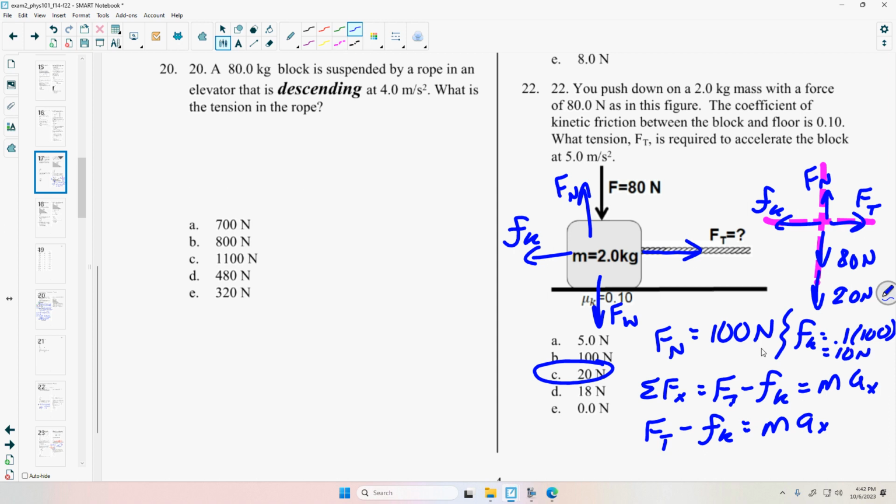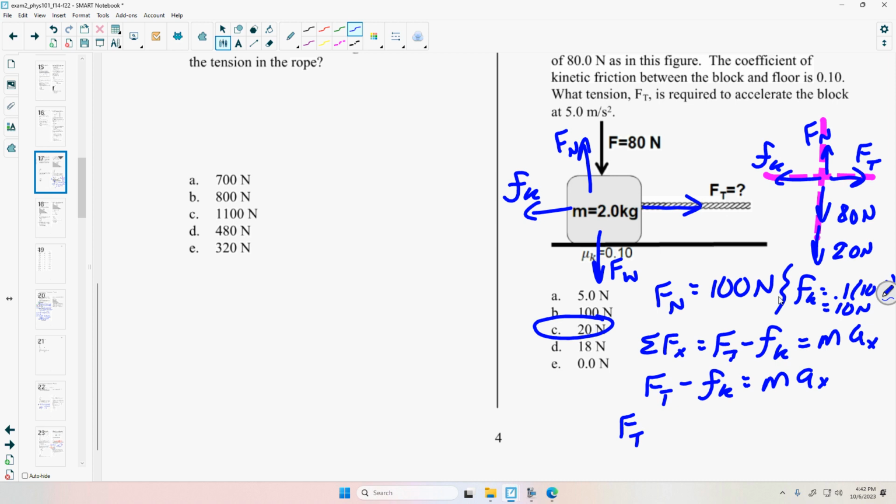Ft minus 10 equals the mass, which is 2, times Ax, which is positive 5. So Ft equals 20. That's where we get the 20 newtons required to accelerate it at 5 meters per second squared. Notice that if there was no friction, it would accelerate at 10 meters per second squared. But there is friction that slows it down.